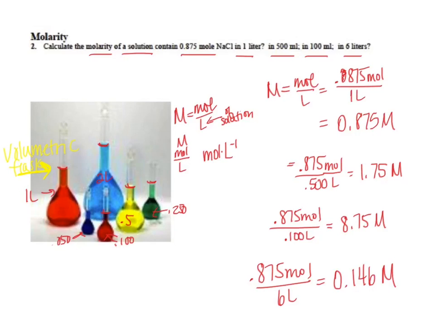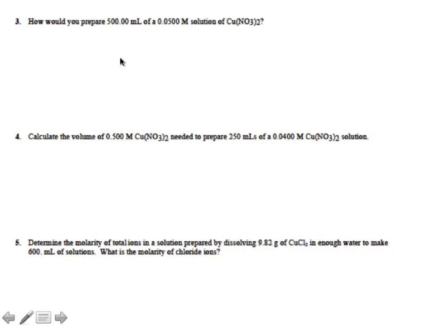Any questions on how to calculate molarity? Of course. There's always ways for it to get harder. So, how would you prepare 500 milliliters of a 0.05 molar solution of copper 2 nitrate?